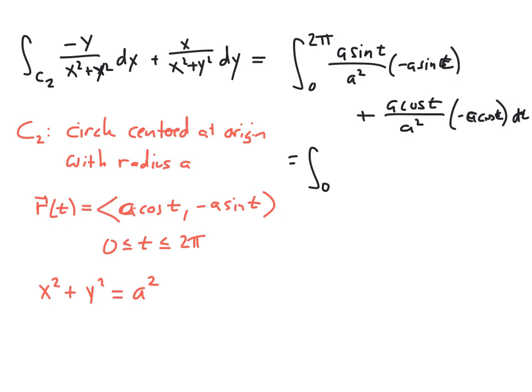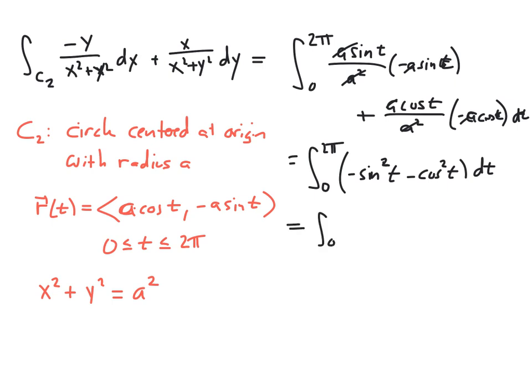Right? And so when we go to simplify all of this, we see what we get is in this case the a's will all cancel. So we have negative sine squared of t. And again over here we have all the a's canceling. So we get minus cosine squared of t dt.